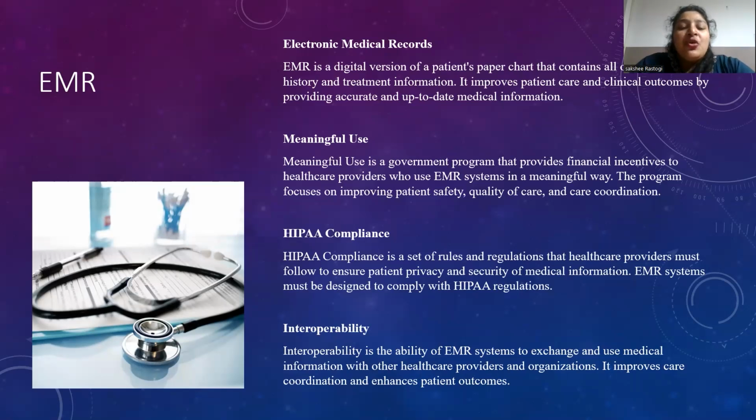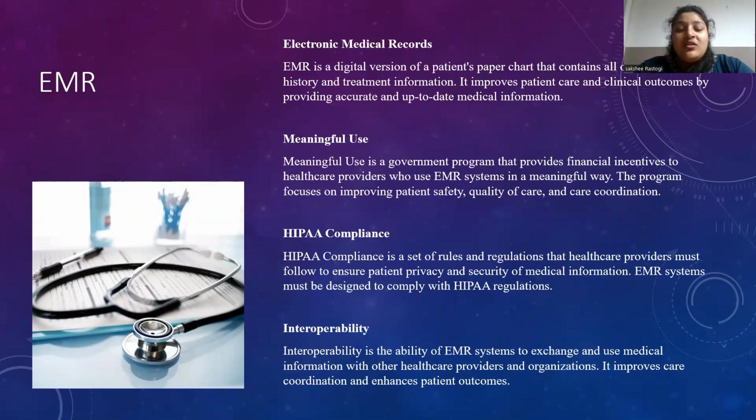The breach notification rule requires reporting of PHI breaches. The Omnibus final rule strengthens privacy and security protection. Business associate agreements are contracts with vendors and partners to ensure PHI protection. So in HIPAA compliance, what are the requirements?